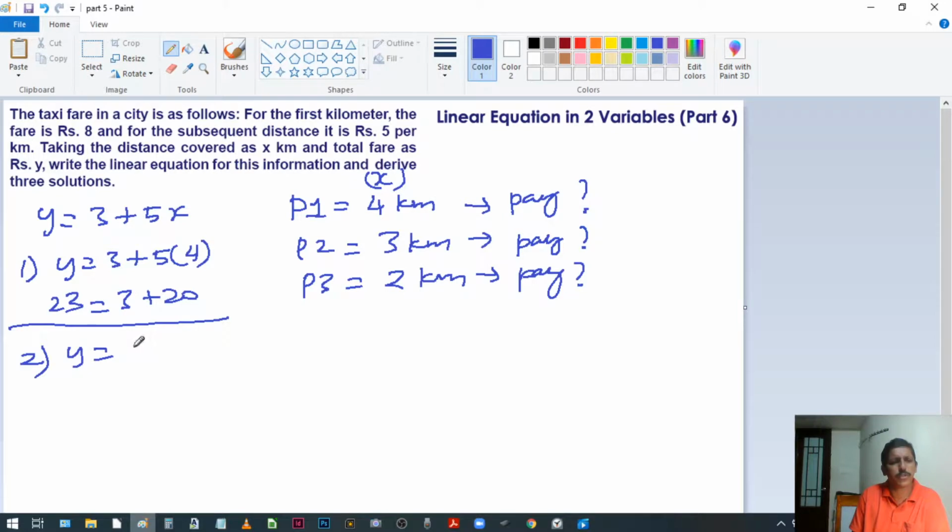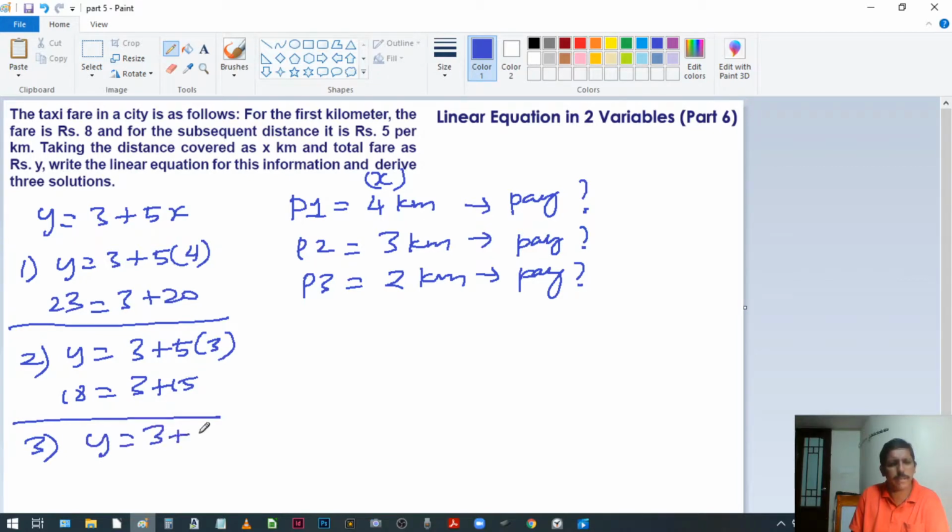Y is equal to 3 plus 5 times 3 kilometers, that is 3 plus 15, so total 18 rupees. The third one, y is equal to 3 plus 5 into 2, that means 3 plus 10, so 13 rupees.